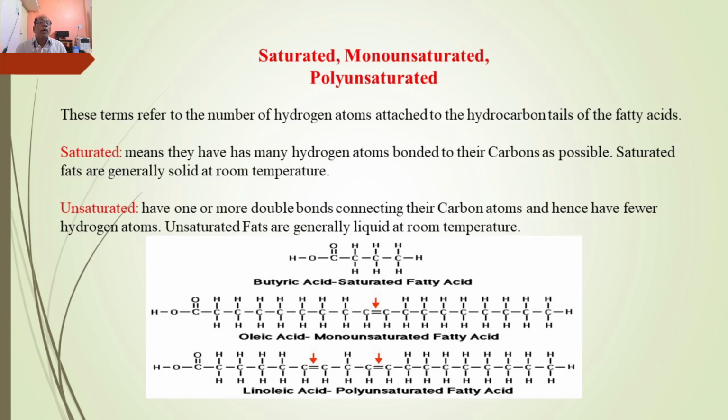Unsaturated fats occur in a liquid state at room temperature, and saturated fatty acids are solid at room temperature. Saturated fatty acids have a large number of hydrogen atoms bonded with the carbon atoms.